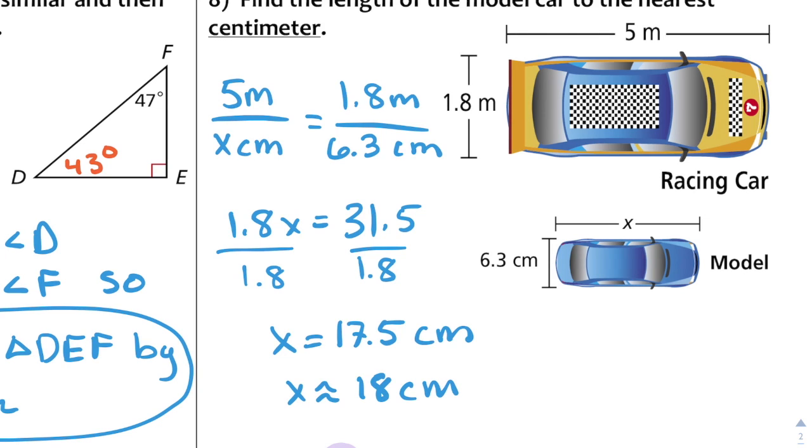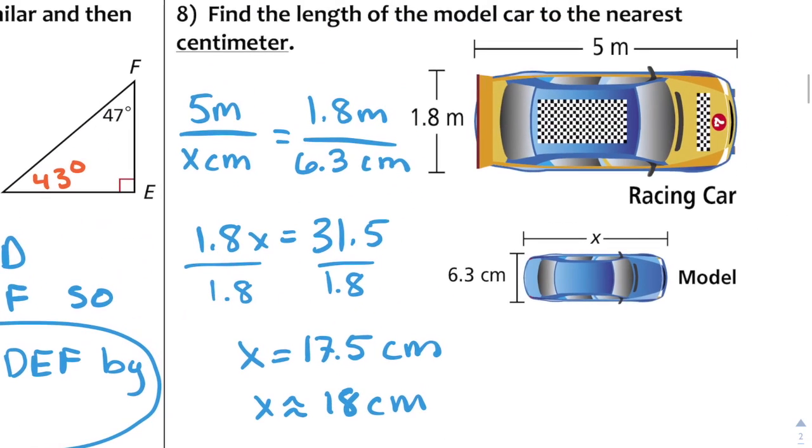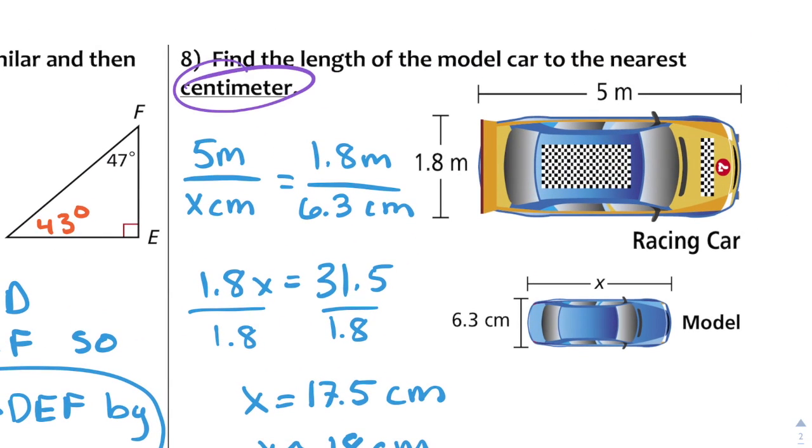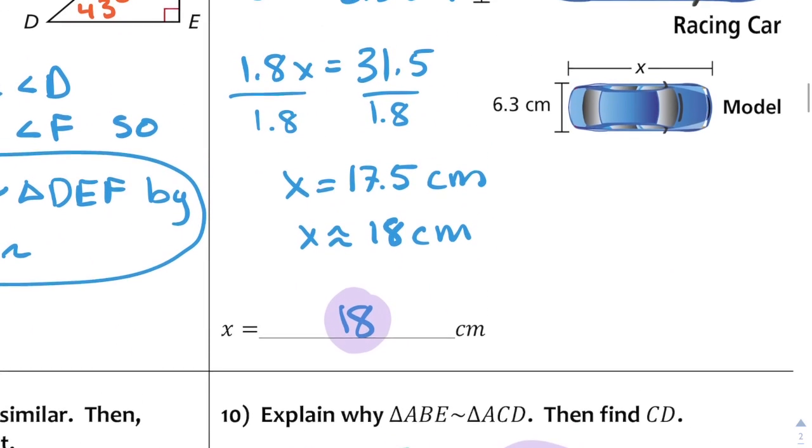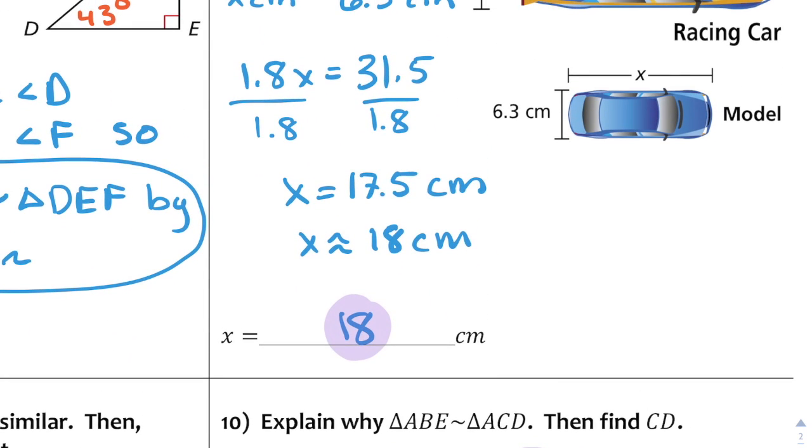Find your cross products and solve, and you get 18 centimeters. Again, I'm comparing the length 5 to x as 1.8 is to 6.3. All right. Oh, it wants me to round to the nearest centimeter, so that involves rounding 17.5 to 18.